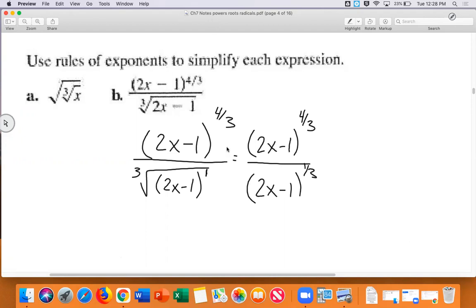Okay, we're not going to multiply them because it's not a power raised to a power. What we're going to do is subtract them because a power divided by a power, we subtract. A power times a power, we add. And a power raised to a power, we multiply. So here we're going to do 4/3 minus 1/3. That's 3/3, which is 1. So my answer is just 2x minus 1.